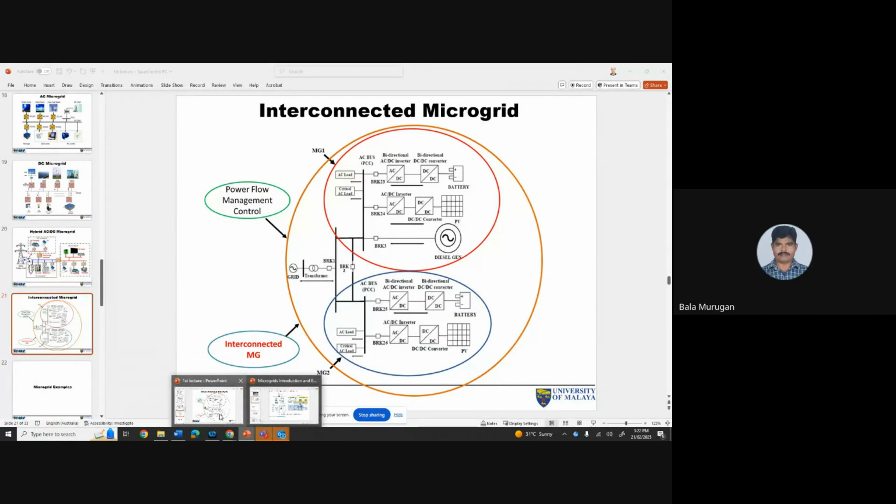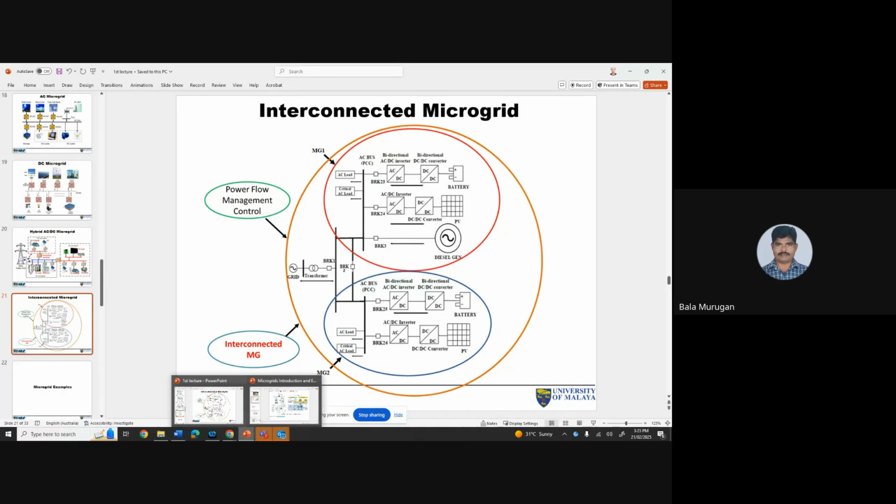Sir, can we call the hybrid microgrid an interconnected microgrid, or we can't?